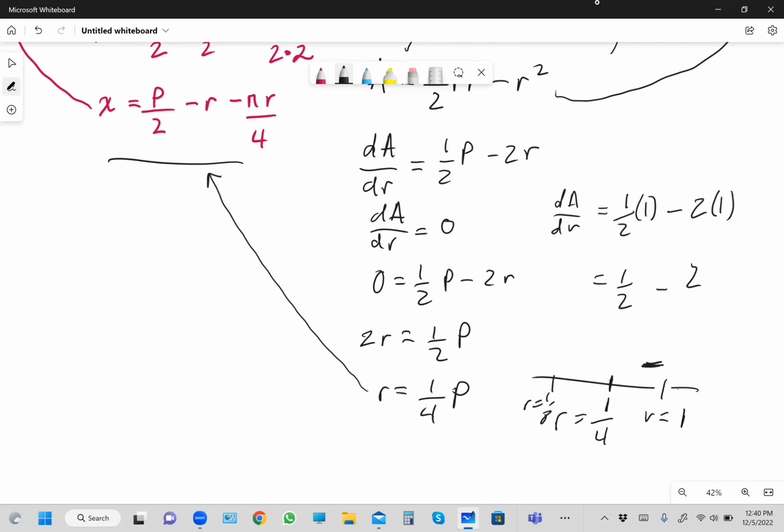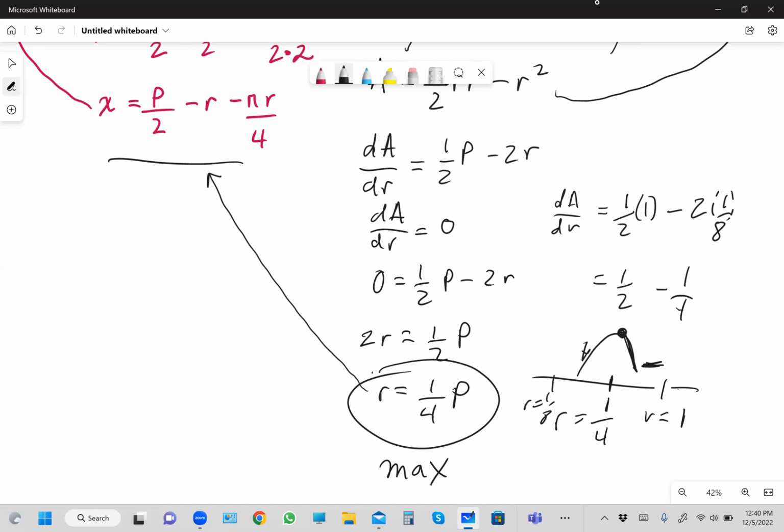So over here we have this, so it goes down. And so now let's pick 1/8. P is 1, but now I pick R equals 1/8 here. What's half minus a quarter? Half minus a quarter is positive. So in that case, R equals 1/4 P is always going to be a maximum.